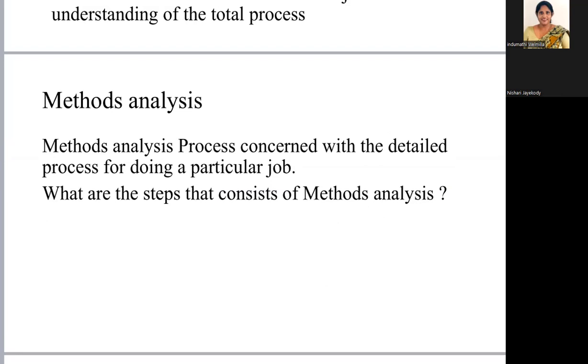First one is to identify the operations to be analyzed. We have to identify the operations to be analyzed, and next, as the second step, we need to gather all relevant information about the operation, including tools, materials, and process.